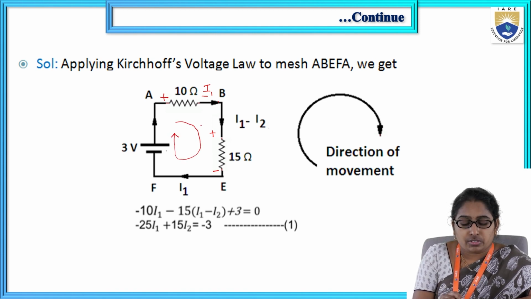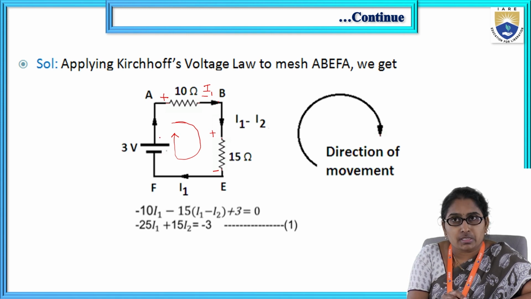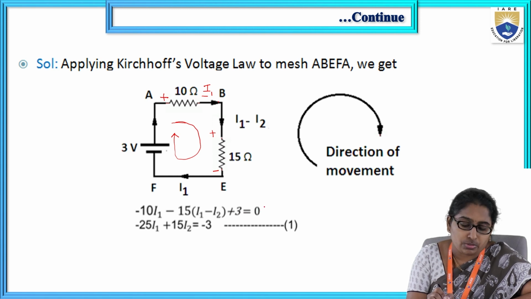If the assumed direction is the same as the direction of the IR drop, it is the same, so the voltage drop across 10 ohms is taken with a negative sign: minus 10 I1. Then the 15 ohm, where the assumed current direction is also the same as the voltage drop direction, so minus 15 into the current in 15 ohm, I1 minus I2. Then coming to the battery, it goes from negative terminal to positive, lower potential to higher, which means a rise in voltage. So plus 3 equals 0.